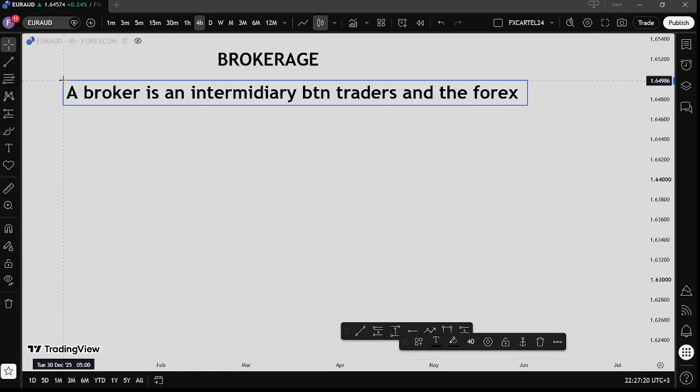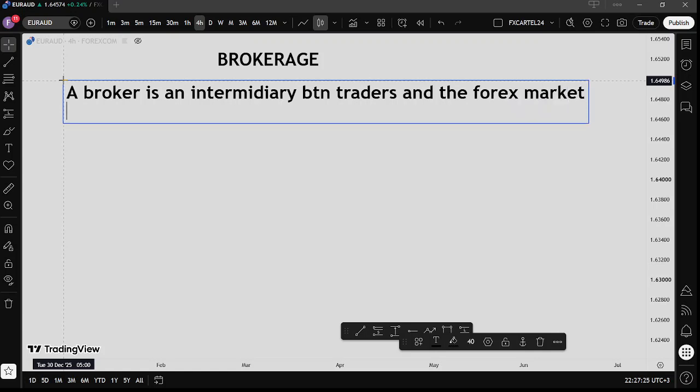Here I think you already have a question, because you said we don't have intermediaries in an OTC market. Now I'm seeing an intermediary.